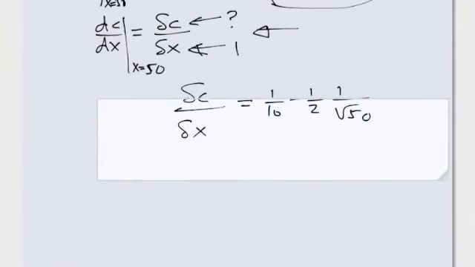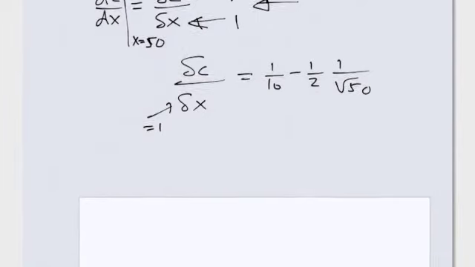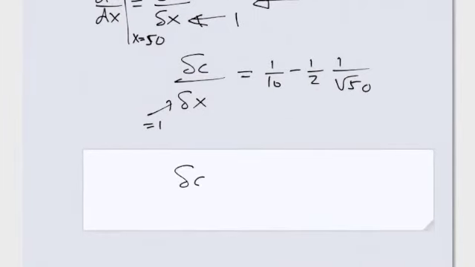And we know that delta x is equal to 1. So delta c, the incremental cost, is therefore given by this number, which we can evaluate using a calculator.